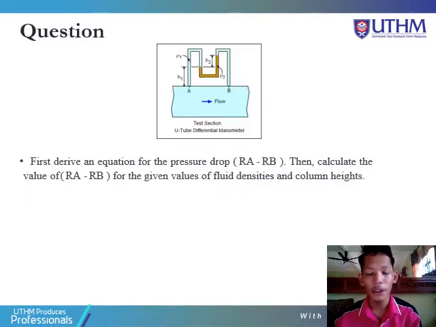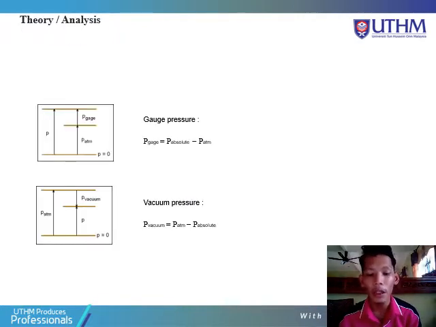So next is the question. The question asks us to derive an equation for the pressure drop, which means PA minus PB, and then calculate the value of PA minus PB for the given values of fluid density and column height. For theory and analysis, in this case study, the concept of absolute and gauge pressure are explained.